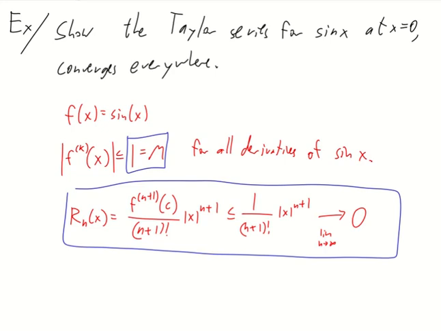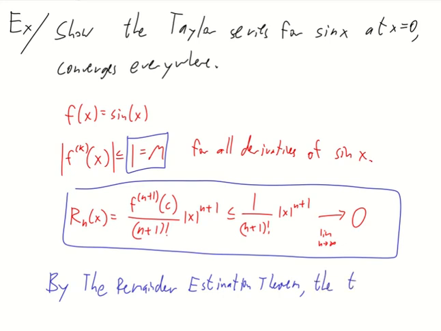So by the remainder estimation theorem, the Taylor series converges everywhere.